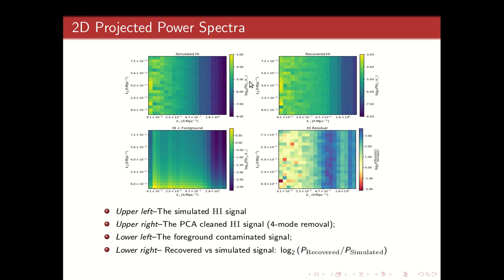As you can see here, the simulated neutral signal and the recovered signal are close to each other with some small mismatches, and the level at which PCA is able to recover the signal can be seen by comparing the recovered signal and the signal that is contaminated with the foreground.